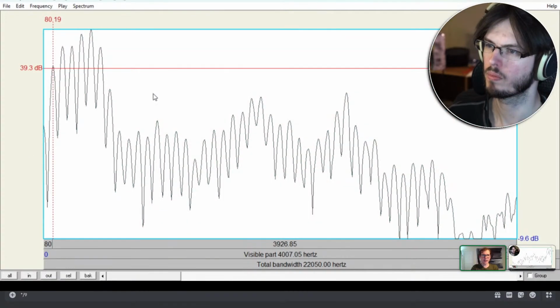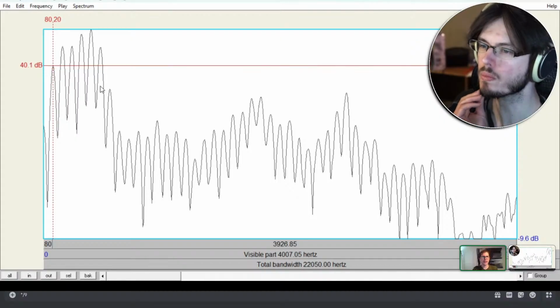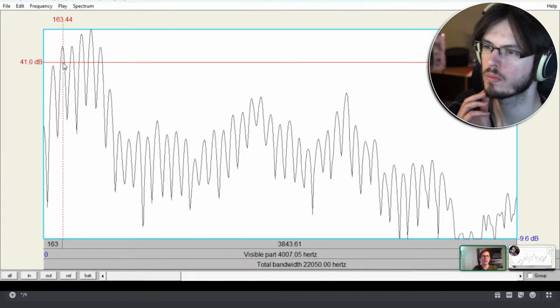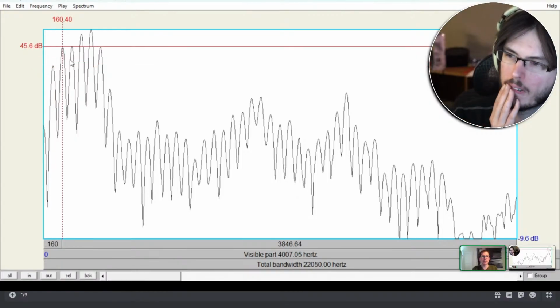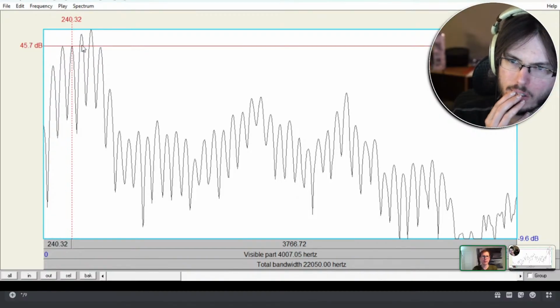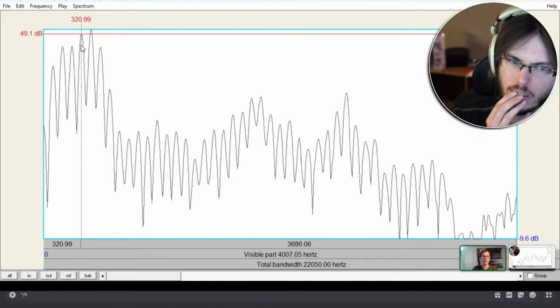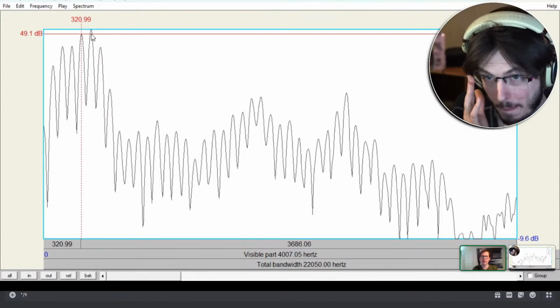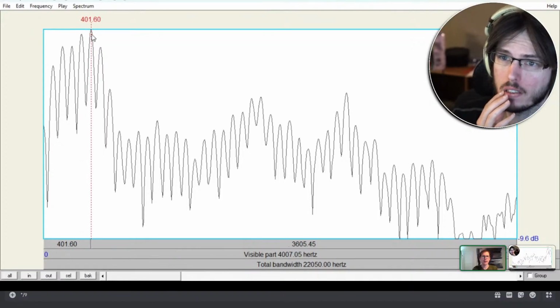The one on the far left is at 80 hertz, which is what we said the throat bass fundamental was for this moment. The second harmonic is 160, which is twice the fundamental. The third harmonic is 240, which is 3 times the fundamental. The fourth harmonic is 320, which I'm pretty sure is 80 times 4. Then 400.